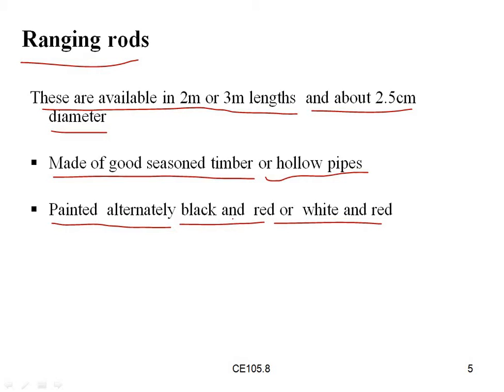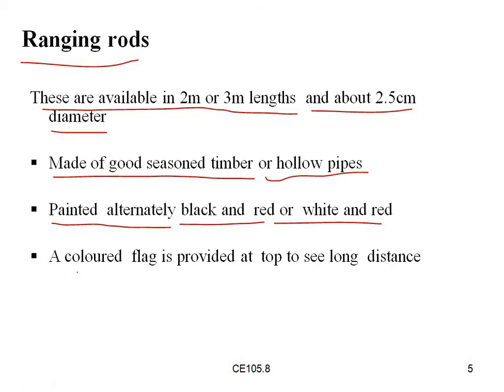Why are black and red or white and red used? Because an object which is very far can be seen clearly with these colors. A colored flag is provided at the top to see from a long distance. So we can see a flag kept on top of the ranging rod, so that we can identify where the ranging rod is in the far distance also.